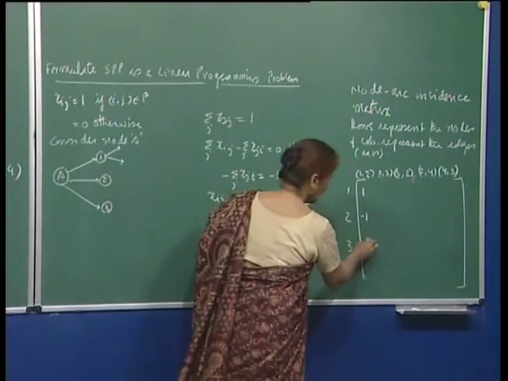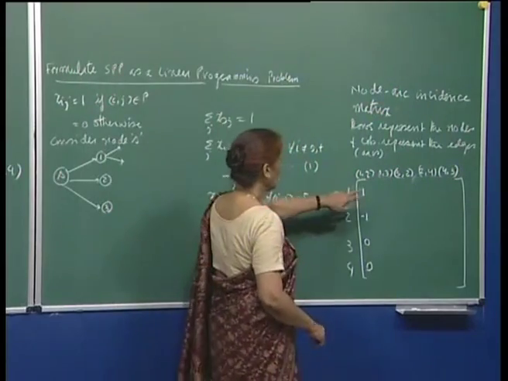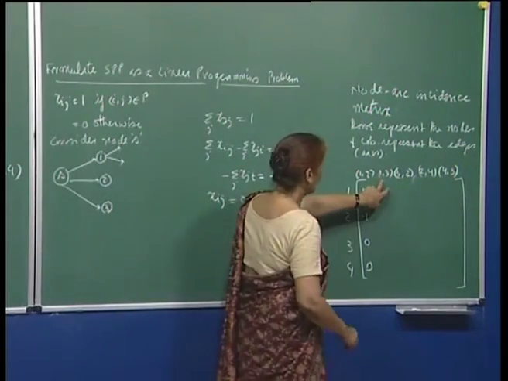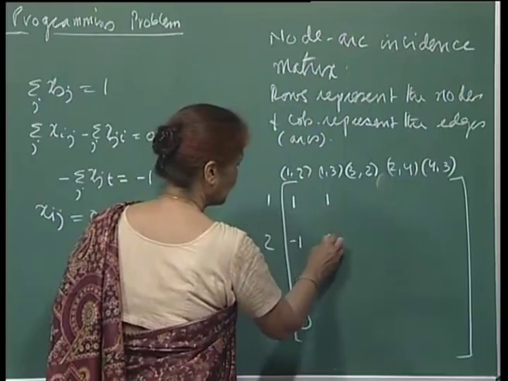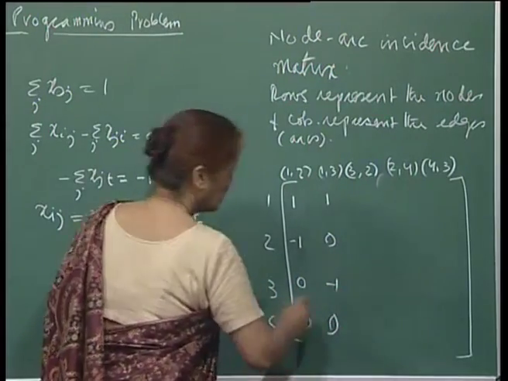So, there will be a +1, -1, 0, 0. Similarly, for this arc (1,3), it will be +1, 0, -1, 0.